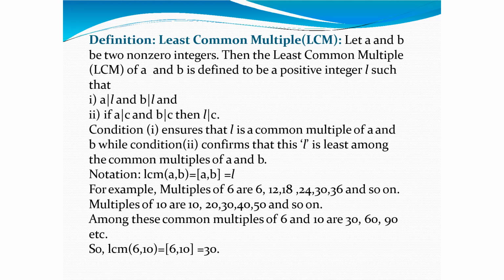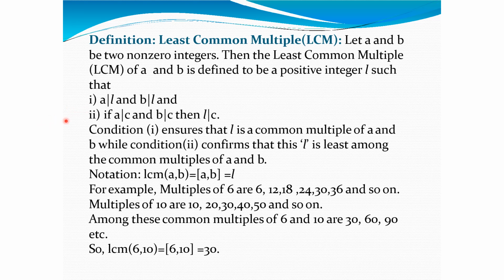Now, already we have seen the concept of greatest common divisor. Similarly, another definition is least common multiple, that is LCM. Now see the definition. Let a and b be two non-zero integers. Then the least common multiple LCM of a and b is defined to be a positive integer L such that a divides L and b divides L. It means L is a common multiple of a and b.